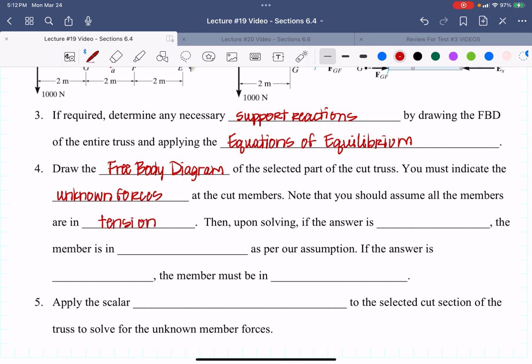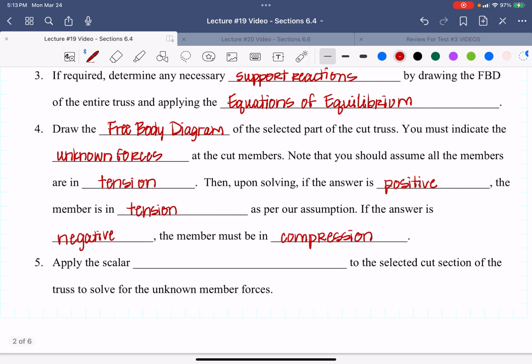That way, once you solve it, if the answer is positive, the member is in tension per our assumption. But if the answer is negative, then the member must be in compression. We're always going to assume tension, which means we're always going to draw it away from its starting point.